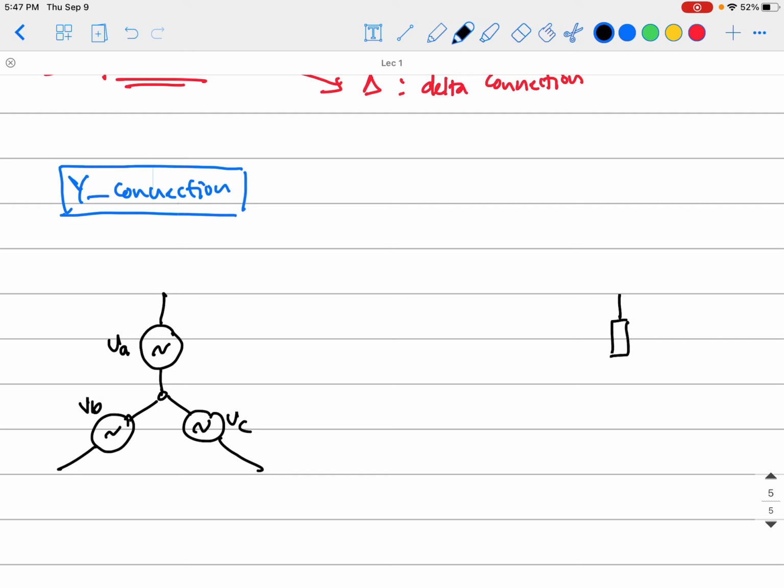Okay, and the same thing I will do here with the load. So that is Z star, and Z star, and Z star. Okay, so that is a Y connected source and a Y connected load.